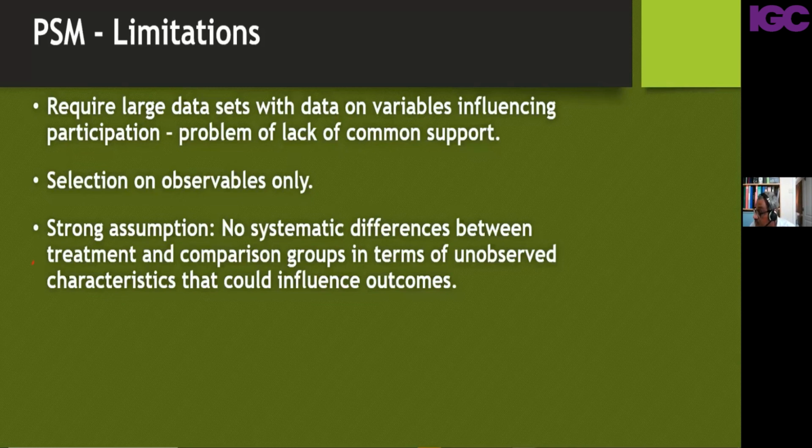So there is a fairly strong assumption here: no systematic differences between treatment and comparison groups in terms of unobserved characteristics that could influence outcomes. So propensity score matching is quite useful when you have data on the observed characteristics for both participants and non-participants. But we are making a fairly strong assumption that really there are no differences in terms of the unobserved characteristics.